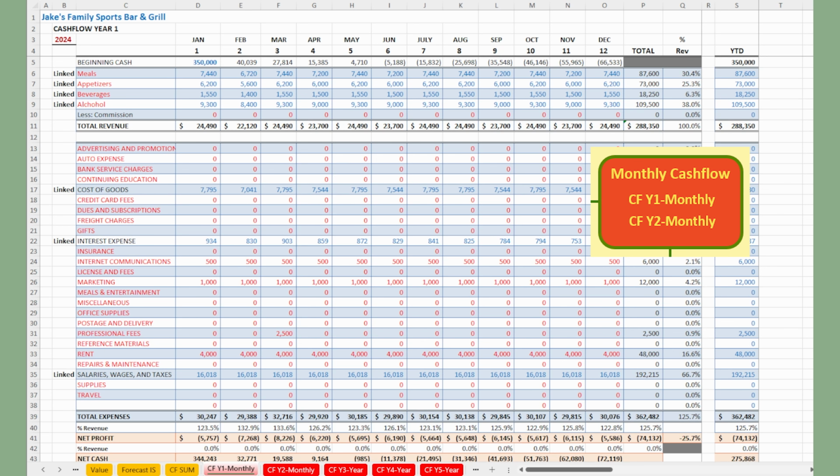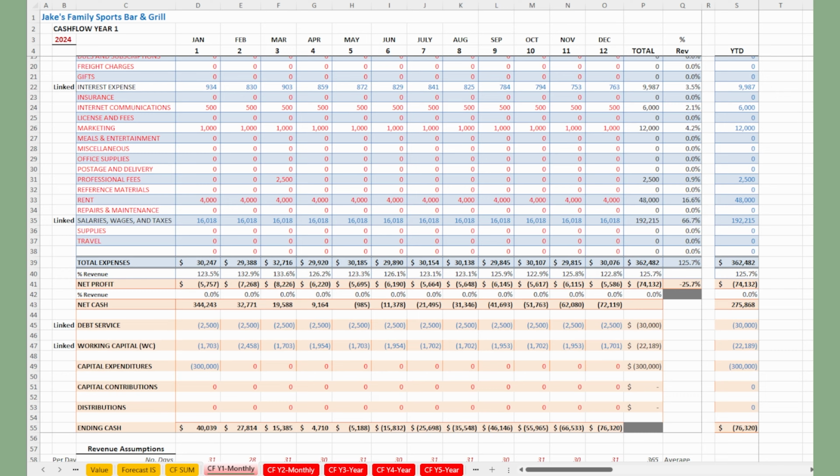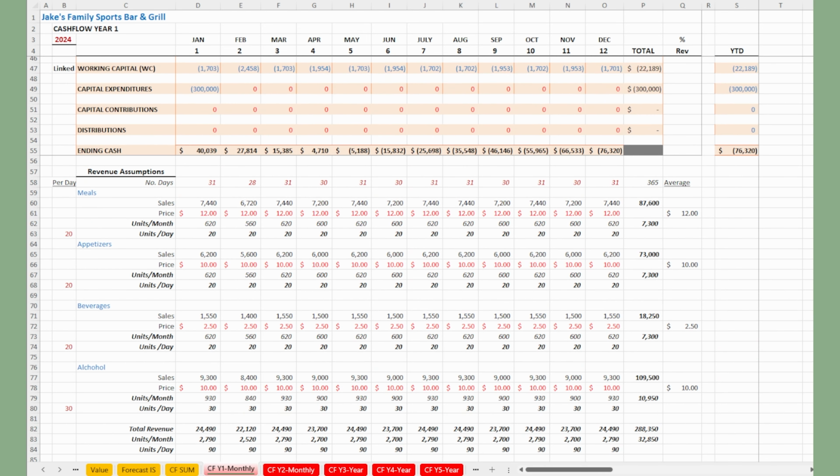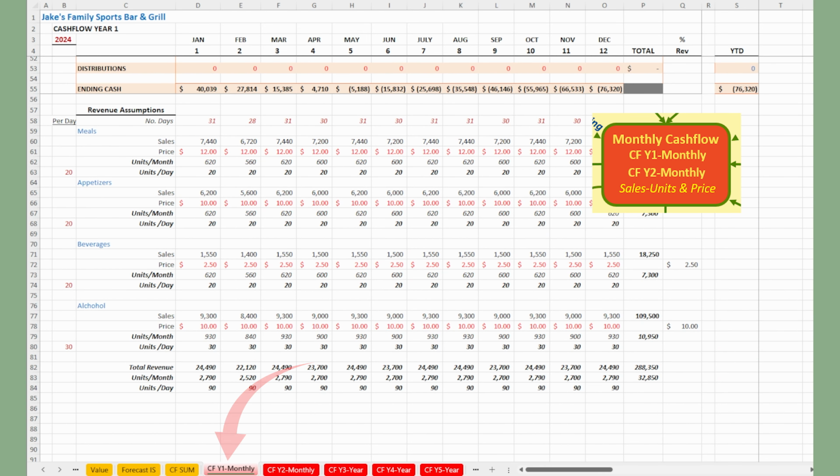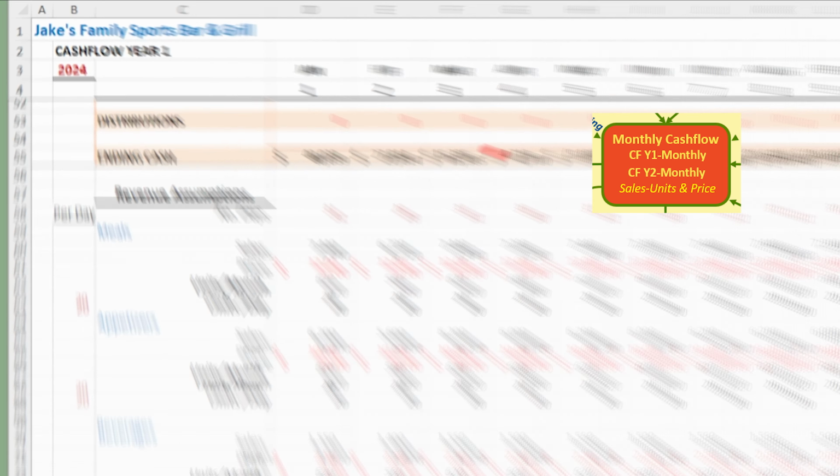I want to show you one other major difference on this page between the two models. I'm going to slide down the page a bit so you can see that in the enhanced model, there is a revenue assumption table under the cash flow report where you can input the price for each product or service.